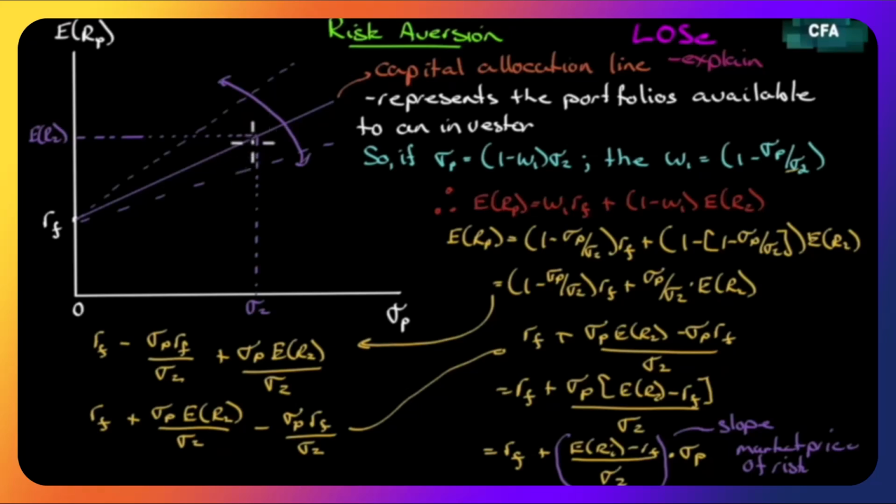And at that point, we can agree or disagree with the market in terms of the amount of risk they're pricing in. So if we see that, well, you know what, they're underpricing risk, the capital allocation line is too flat, we think it should be steeper, it sends us a signal that our optimal portfolio would look different.